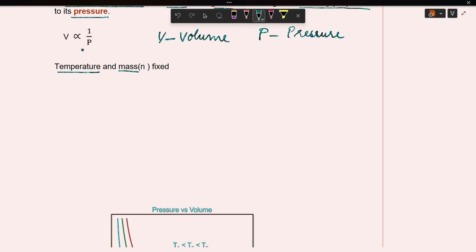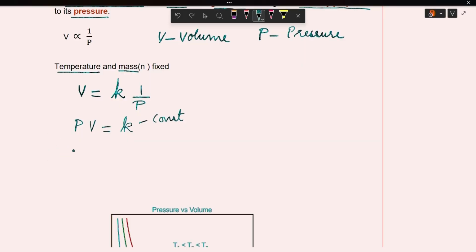I can put it as V equals, by introducing a constant k, which is known as the proportionality constant, k into 1 by P. Now, taking P over to the other side, that is PV is equal to k. k means that it is a constant.